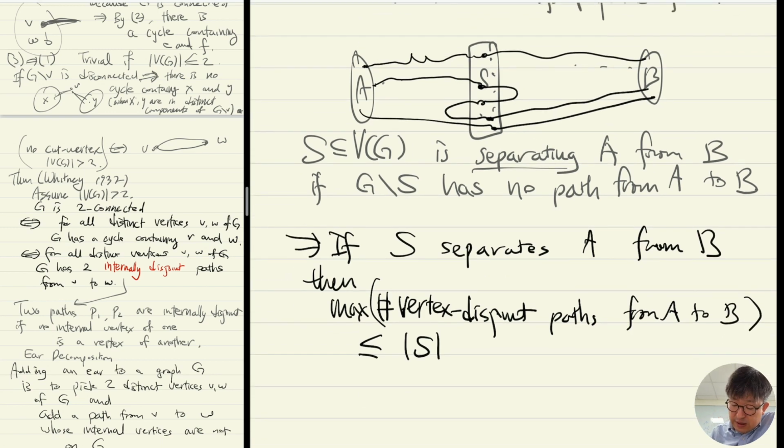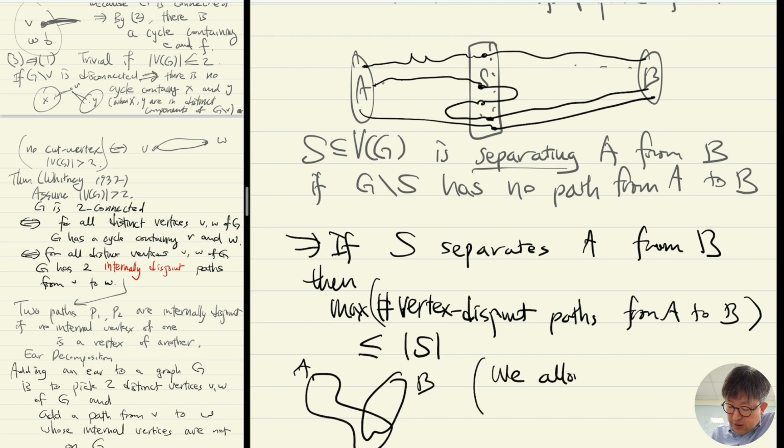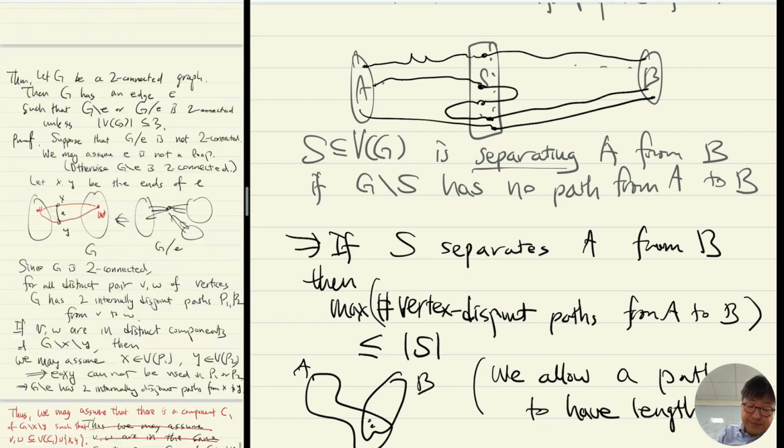Of course, there are situations where A and B intersect, right? So if this is A, this is B, we have to allow a path of length 0. So the initial vertex and last vertex could coincide. We are not assuming that the intersection of A and B is empty. They may have intersections, but all right.